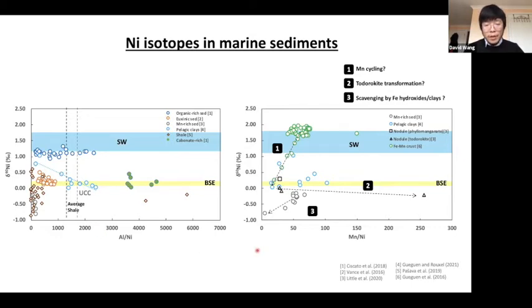And if you compare its isotope composition with manganese to nickel, the reason is that manganese oxide is considered a major sink for nickel in the ocean.